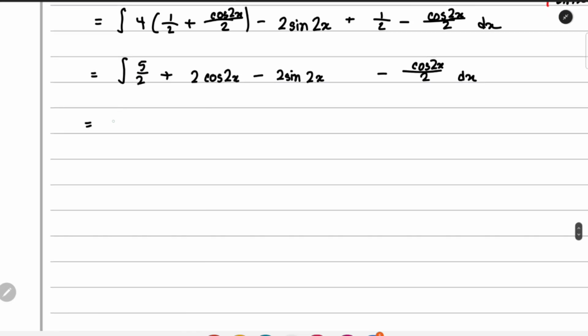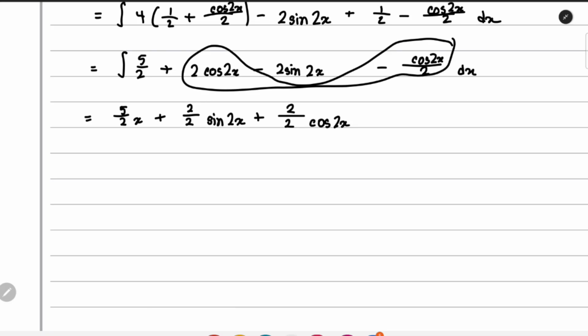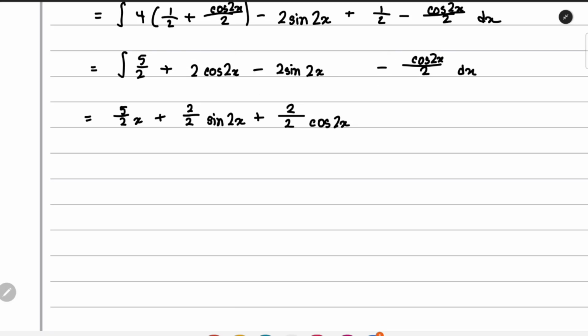Now if I integrate this, I'll be left with 5 by 2 x plus 2 divided by 2 sin twice x minus 2 divided by 2 cos, sorry, this will become plus cos twice x. We could have got these two values together as well. So 2 minus half, we'll do that.